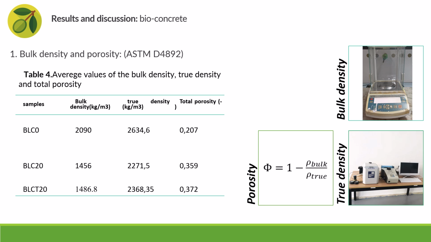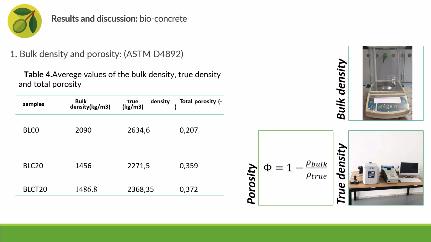With the addition of 20% untreated olive husk, the density decreases remarkably to around 1400, while the porosity rises to about 36%. This confirms the strong lightweight effect of olive husk and the more open pore structure it introduces.